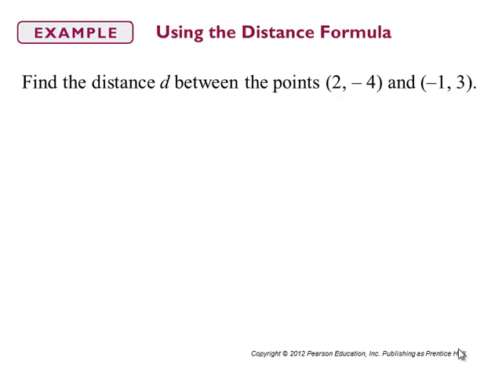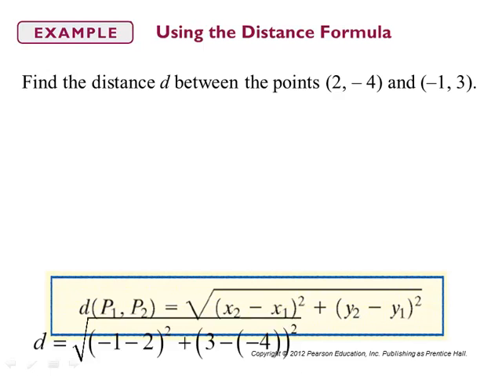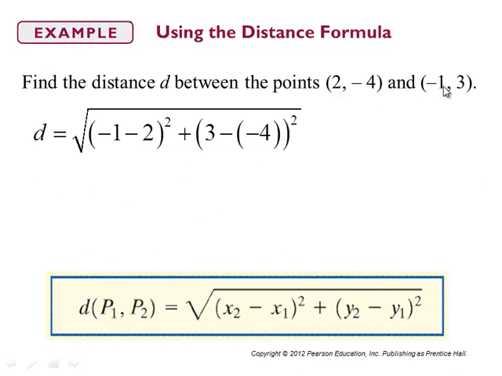Well, then you're going to just take the difference between the x-coordinates. So you can do -1 minus 2, which is going to be -3 squared, and then also 3 minus -4, which is going to be 7 squared as well.